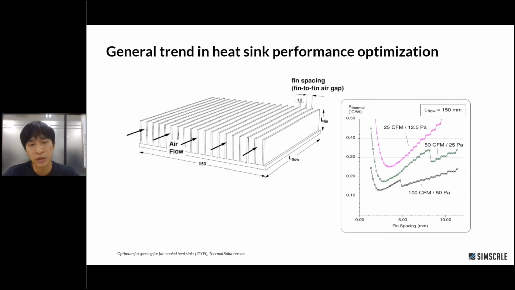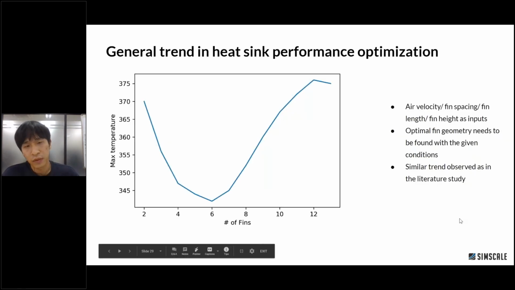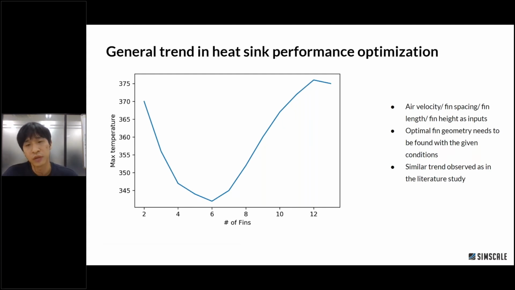So when we think about the air velocity of the fan, the fin spacing, the fin length and fin height, we treat those parameters as input, and we try to find the optimal fin geometry based on the simulation. So we really need to find the optimal geometry with several parameters such as air velocity, fin spacing, fin length and fin height as input.